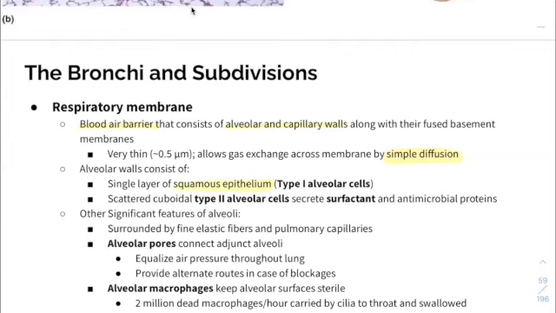They are considered type 1 alveolar cells. There are some cuboidal cells in there that are type 2 alveolar cells, but those secrete what are known as a surfactant. And they secrete antimicrobial proteins. These are things that try to help keep us from getting sick.